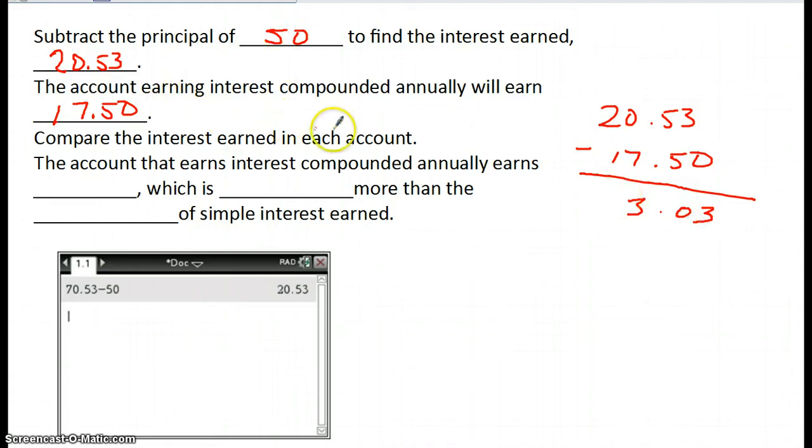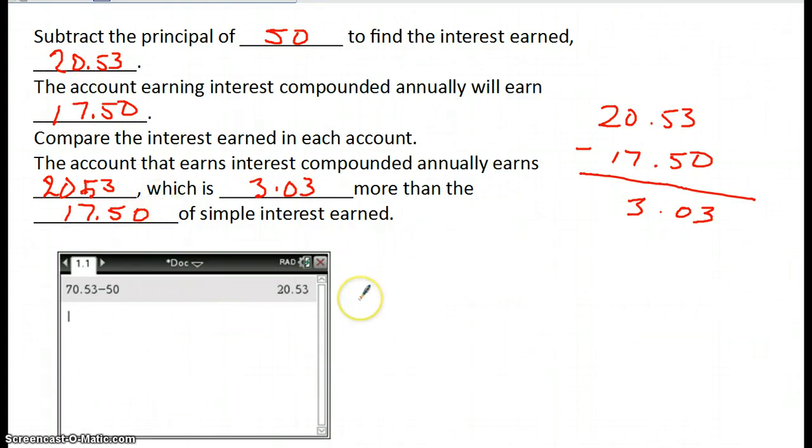$3.03. So if we compare the interest, the amount that earns interest compounding annually earns $20.53, which is $3.03 more than the $17.50 of simple interest earned.